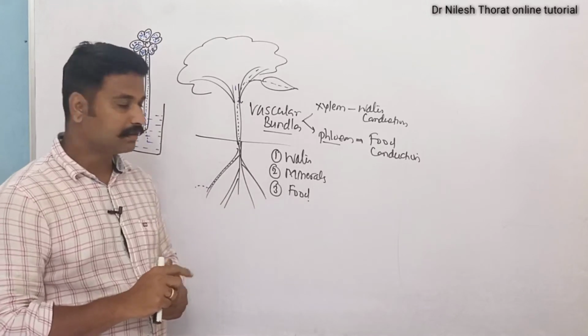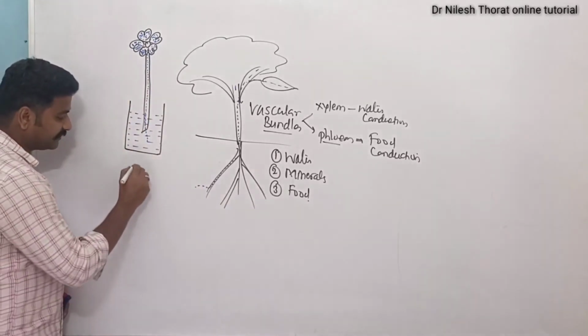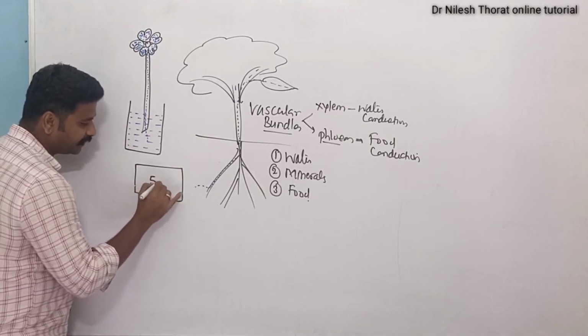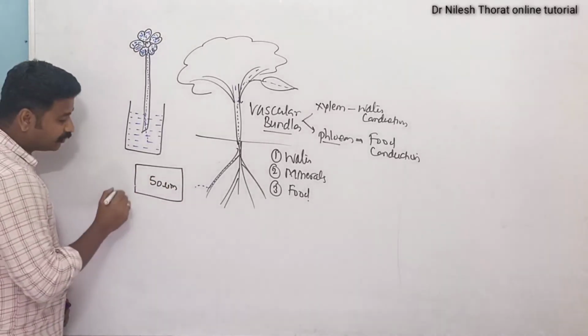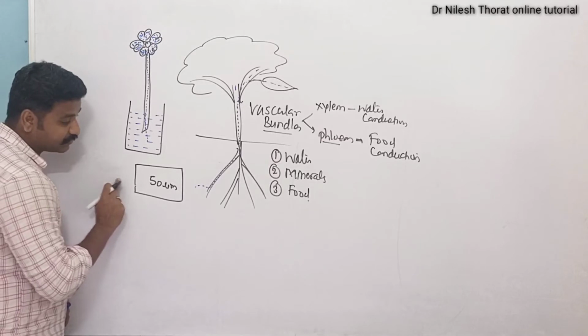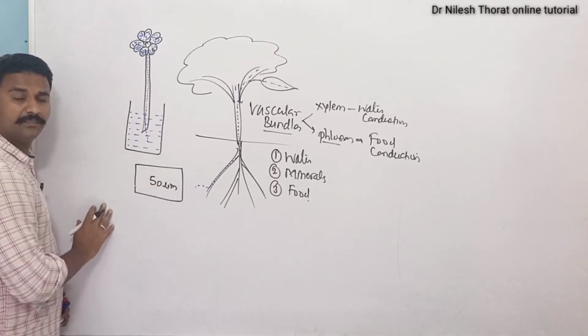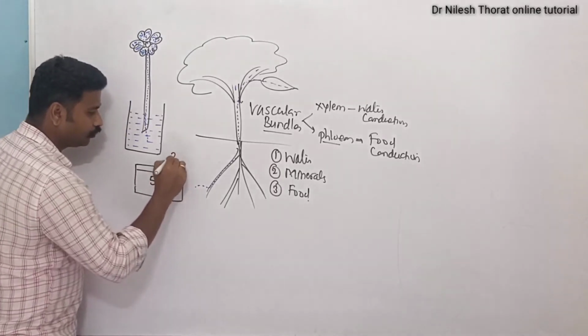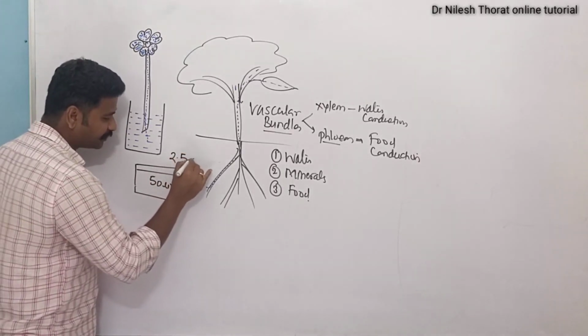As we can say, a typical size of a plant cell is 50 micrometers, and for water to be transported across the cell by the pure process of diffusion will take 2.5 seconds.